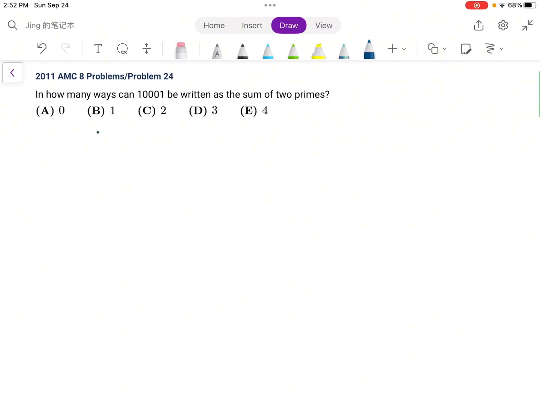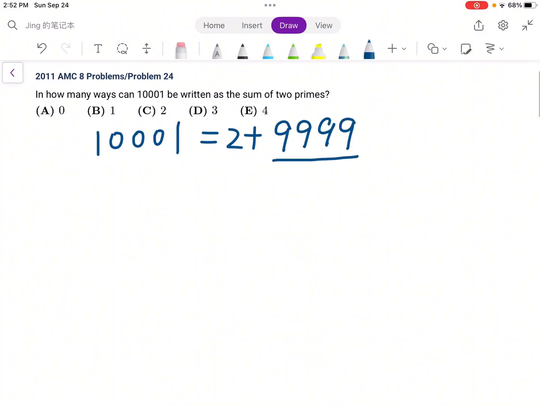So let's write that: 10,001 equals 2 plus 9,999. And we can see that this number is divisible by 9 and 3. So it's not a prime number. Therefore, 10,001 can't be written as the sum of two prime numbers. The answer is A.